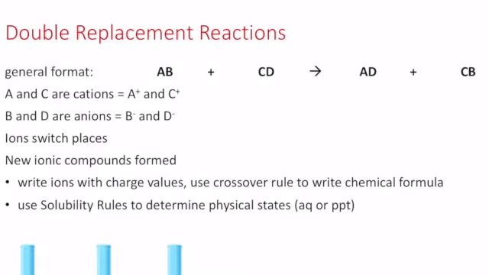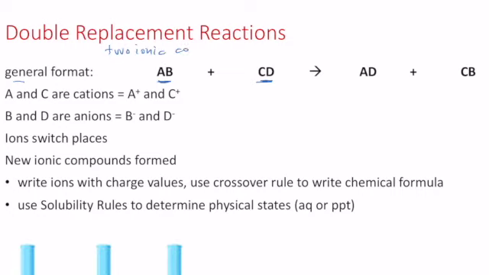A double replacement reaction is similar to a single replacement reaction in that things are switching places and you have some new products. So one thing is that there's a general format which is going to contain two ionic compounds in the reactants.